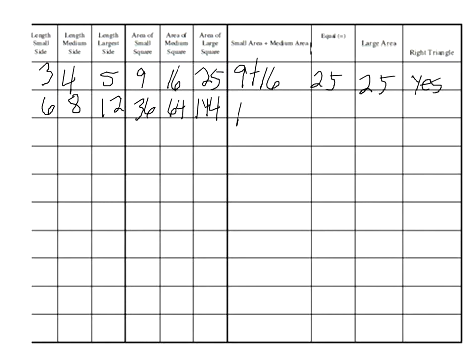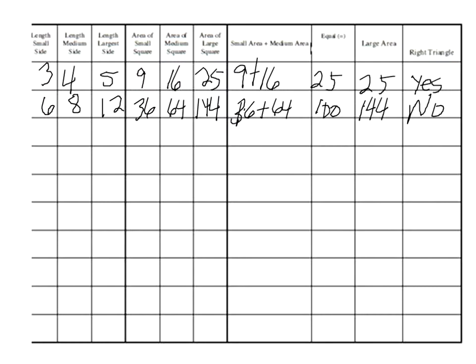That if I said 36 plus 64, that gives me 100, and that does not match the large area, and so therefore it is not a right triangle. So we kind of found that out last week. There's a couple examples, right?